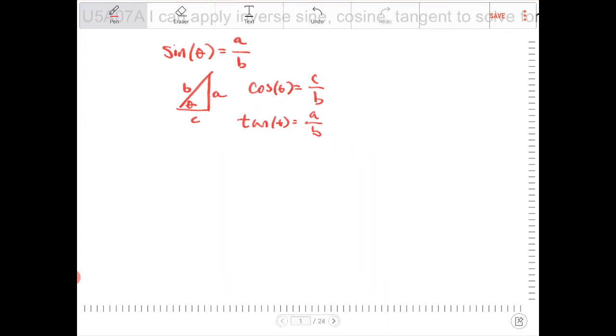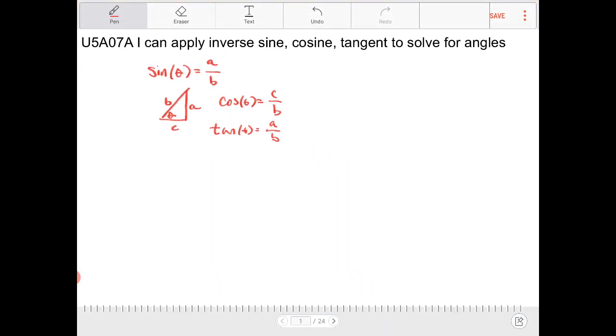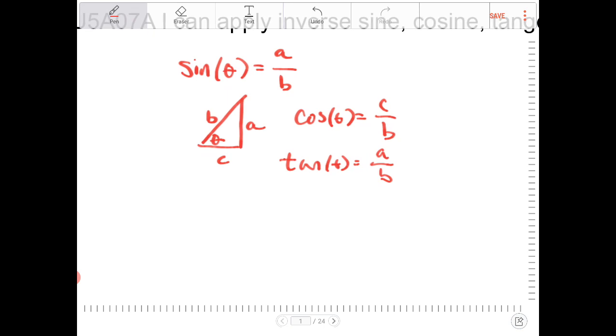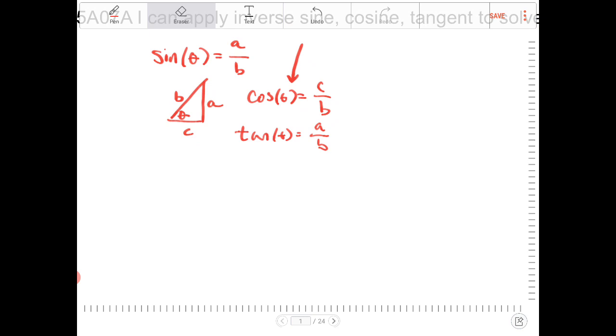What we're going to focus on in this video is, what happens if we're trying to go the other way around? We're not trying to solve for a side in the ratio, but instead we're trying to go for the angle. As it turns out, it's done in a very similar manner.